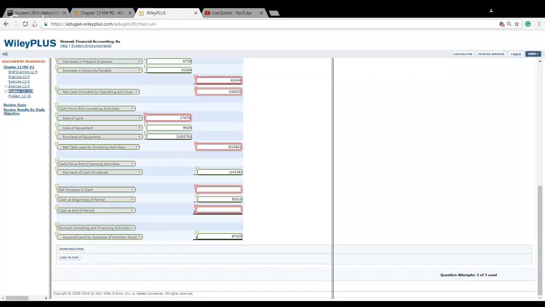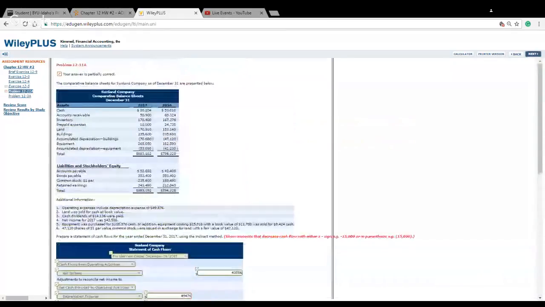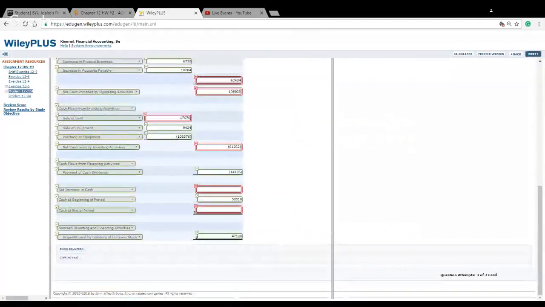And then the cash at the beginning of period, which is 53,010, and I know that because it says it right here at the end of 2016, which is the beginning of 2017, it would have been 53,010. And when you add that up, it comes out to 80,104 as the end cash period.